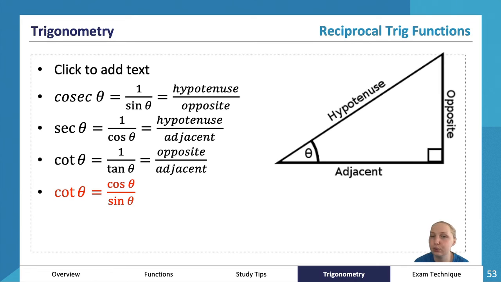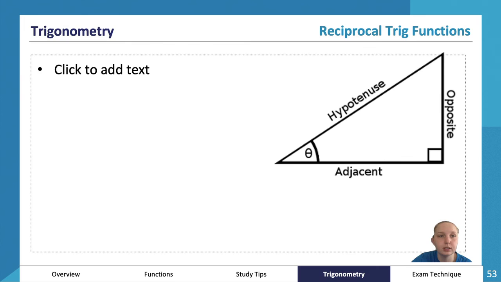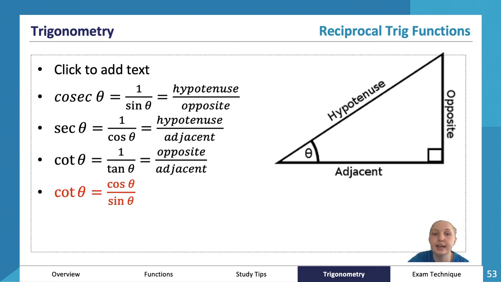So these are all your reciprocal trig functions. Pretty much you find them by just flipping your normal trigonometric functions around. They are actually also written on your formula sheet, I'm pretty sure, so you don't even really have to remember them.